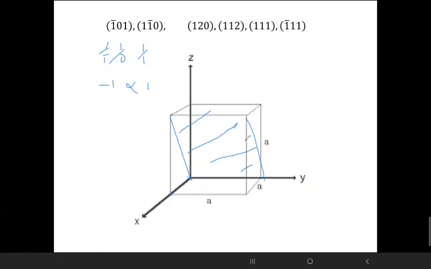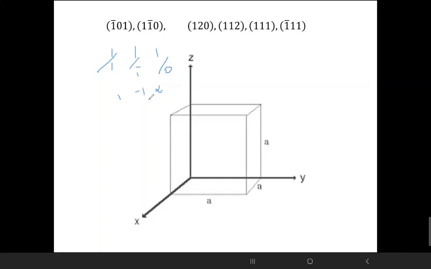Do you have any doubt with this? Now we need to find 1 bar 1 0. So 1 over 1, 1 over bar 1, 1 over 0. So 1, bar 1, infinity. You have minus 1 on the y-axis, so you have to change the origin to here.